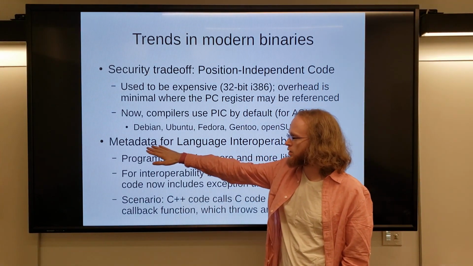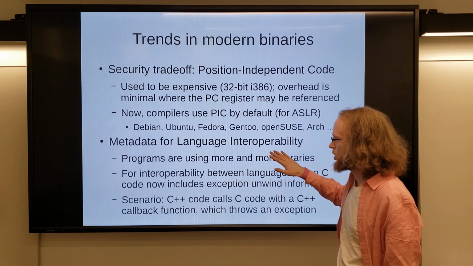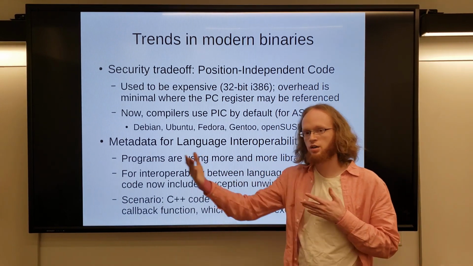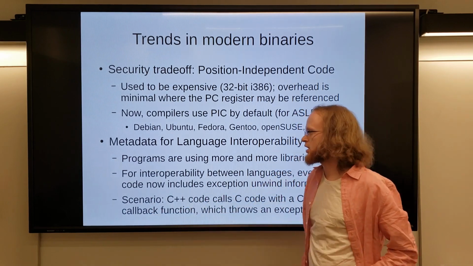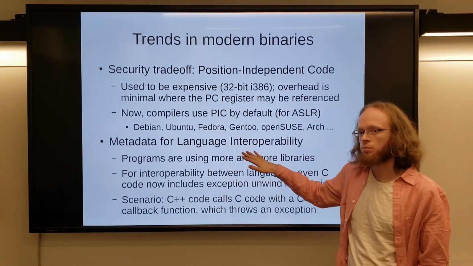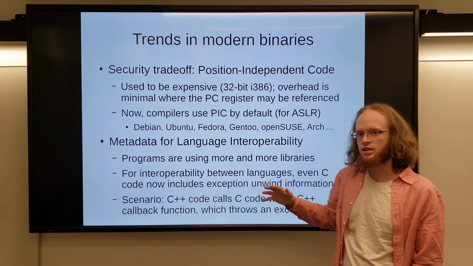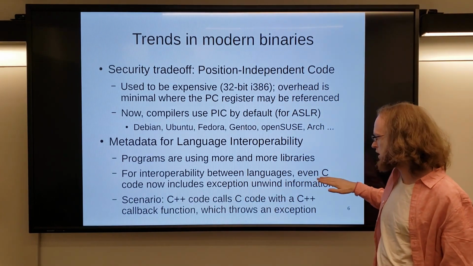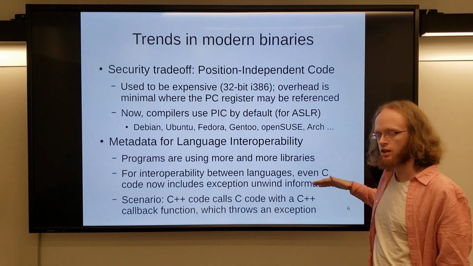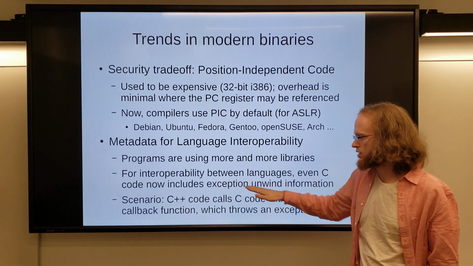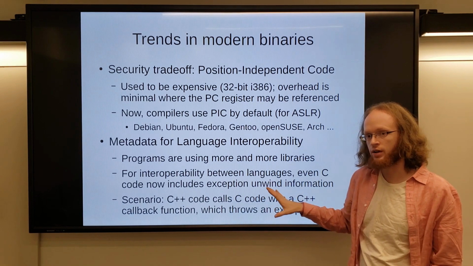The second trend we've noticed is that code gets written in several different languages. So you write some C++ code, it calls a C library, or vice versa. And to enable this interoperability between languages, we start seeing metadata in languages that don't even really need it. C code, for example, never throws exceptions, but right now, by default, it includes exception unwind information for every function.